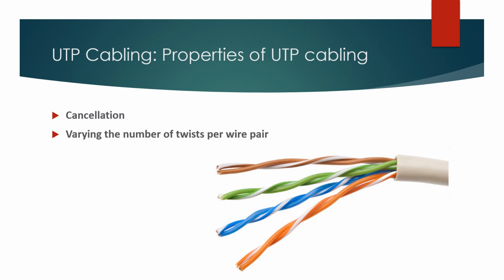As you can see in the figure, the orange and orange-white pair is twisted less than the blue and blue-white pair, and each color pair is twisted a different number of times. UTP cables rely solely on the cancellation effect produced by the twisted pair to limit signal degradation and effectively provide self-shielding for wire pairs within the network media.